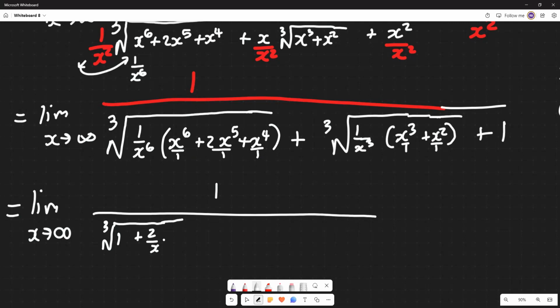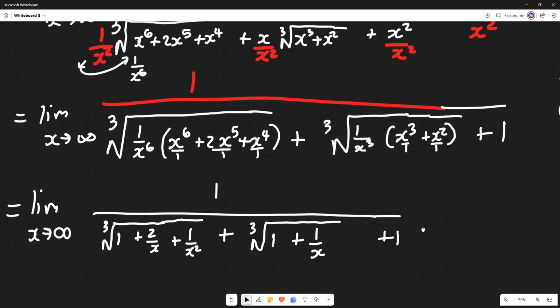So I'm left with x to the power 1 at the bottom, plus 1 over x squared. Plus cube root of, this will cancel with that, so we're left with 1 plus 1 over x, because this 2 will minus there, so you're left with x at the bottom, then plus 1.